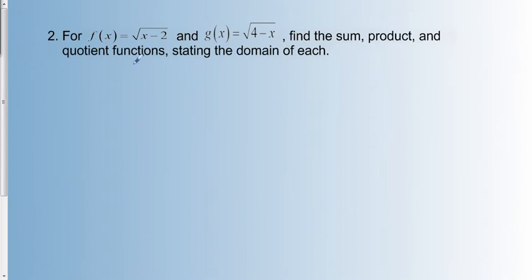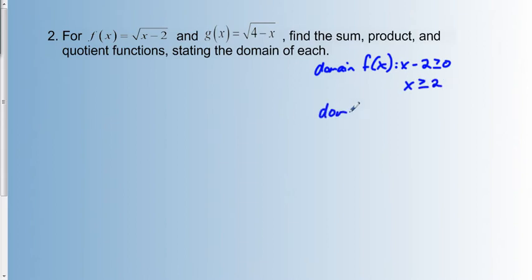Same situation here. This time, though, the domains are a little more interesting. The domain of f of x is, well, let's see, x minus 2 has to be greater than or equal to 0, so x has to be greater than or equal to 2.